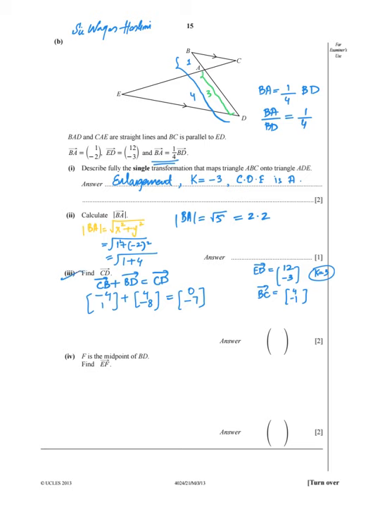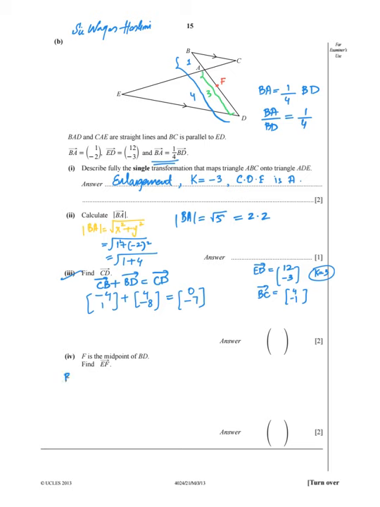In the next part, it says that F is the midpoint of BD. So let me place a point F randomly, right? F is the midpoint of BD. So if you have the value of BD, you can find BF as well, right?